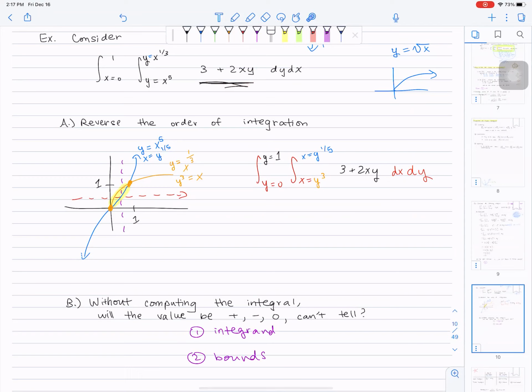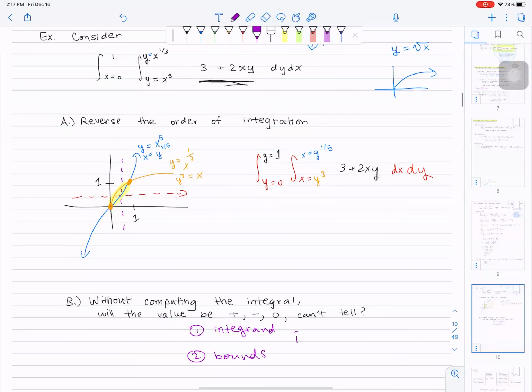Well, I graphed my region here, right? This is my region, which means that no matter what x and y values I plug in, the x and y values come from my region. And so all of those values are going to be positive, which means that when I plug those positive numbers in here, this 2xy is also going to be positive. And so my integrand is positive, no matter what, according to my region.